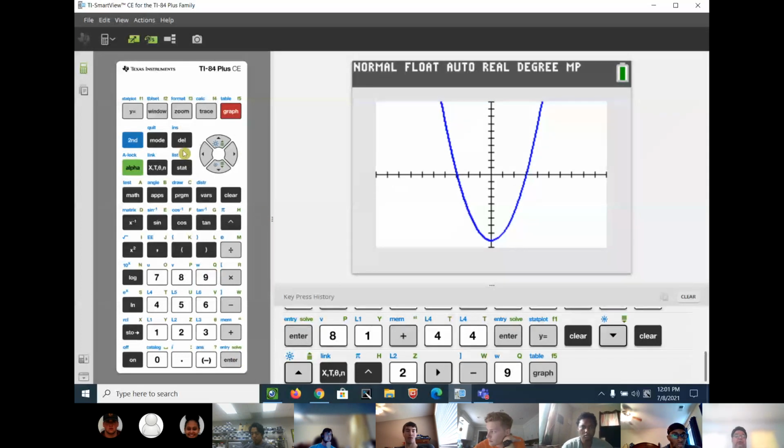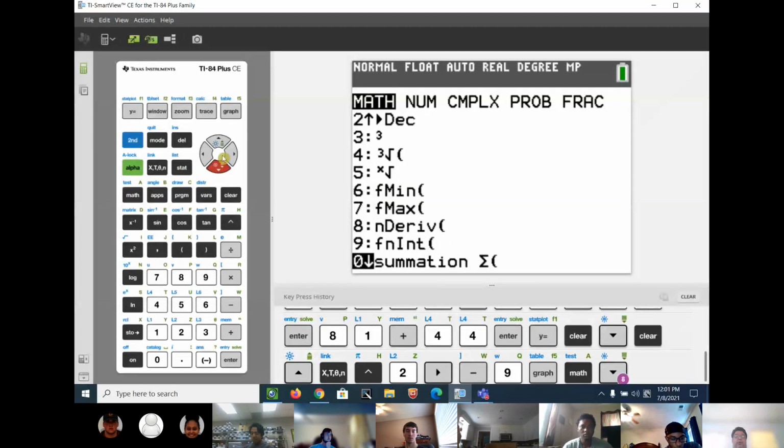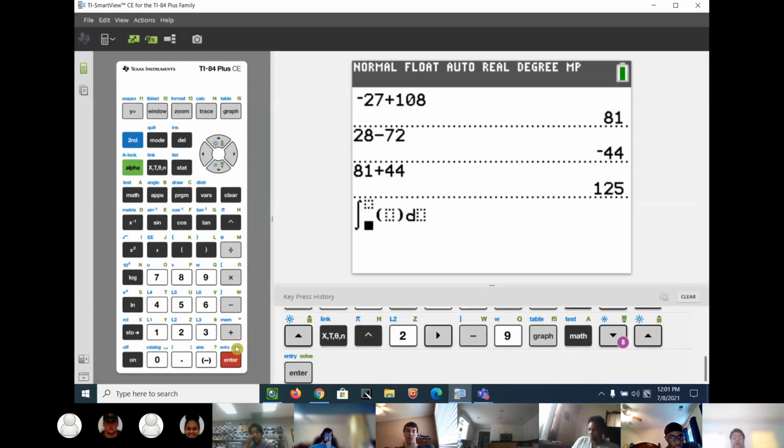And if I remember correctly, under math, I believe it's integration. Yeah, there you go. You can go from 3 to 7, and we've got x squared minus 9.